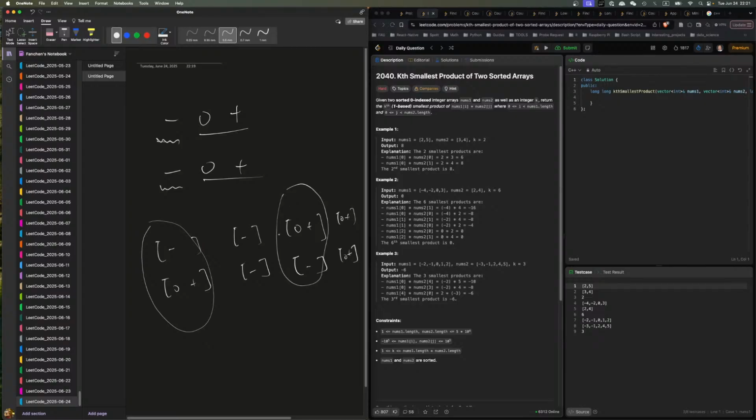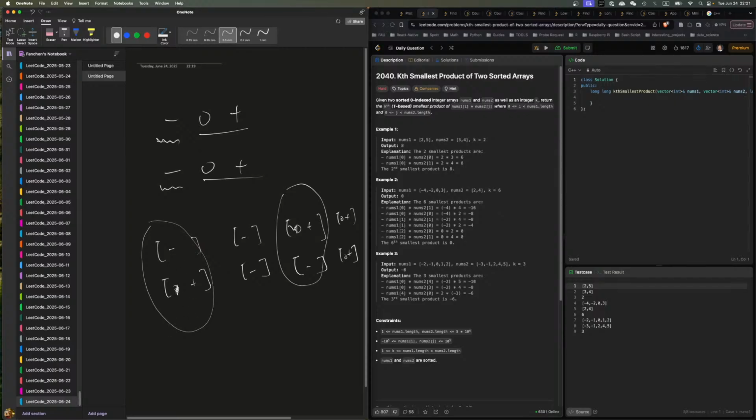Negatives and zeros. I really want to get zeros by itself though. Let's handle 0 by itself. So with 0 we have this much plus this much, just all 0, right? So 0 is actually easy to deal with.